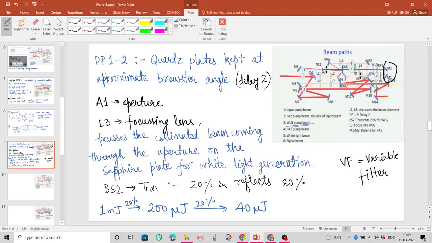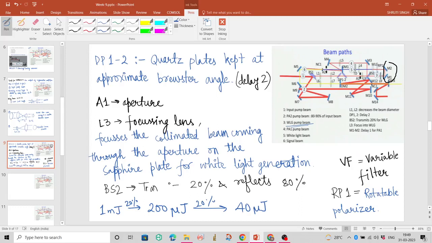RP1 is a rotatable polarizer, because we need to maintain the polarization, that's why we have polarization controlling optics here, which is our RP1.